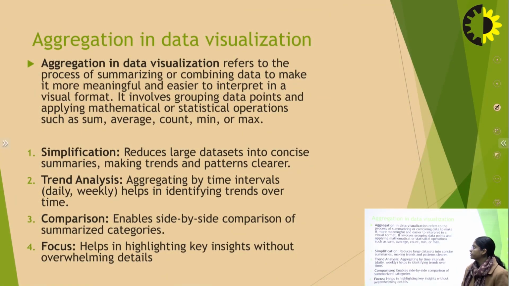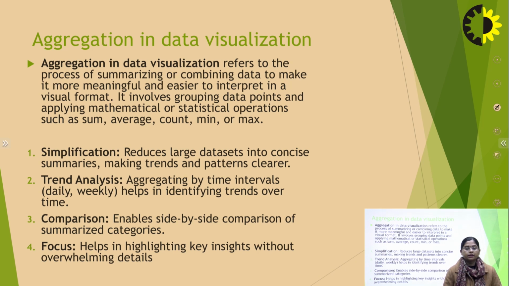So, the first topic is aggregation in data visualization. What is data visualization? Data visualization is a way of representing data, a pictorial representation of data. How do we aggregate data?